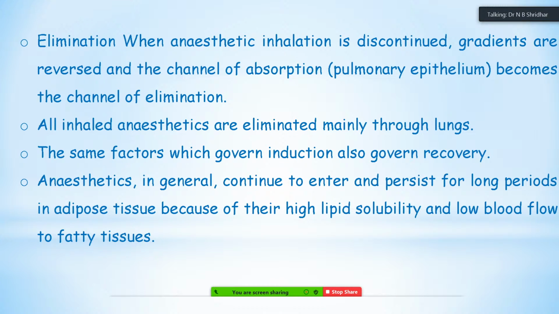The same way the anesthetic has entered the circulation through the alveoli will become the route for the elimination also. So it will be reversed, and it becomes a channel of excretion or elimination. So all inhaled anesthetics are eliminated mainly through lungs. Please remember, all inhaled anesthetics are eliminated mainly through lungs.